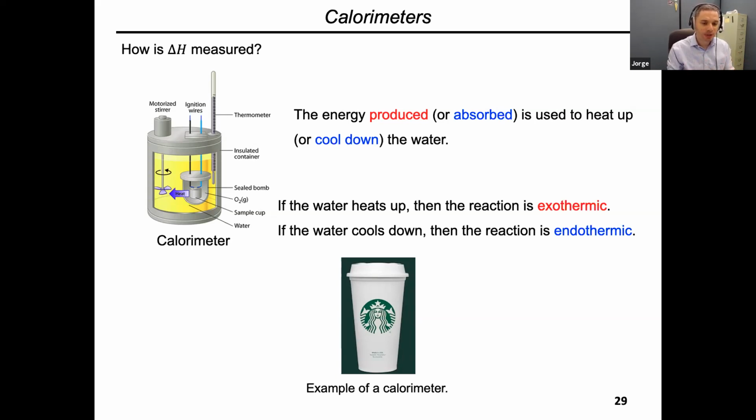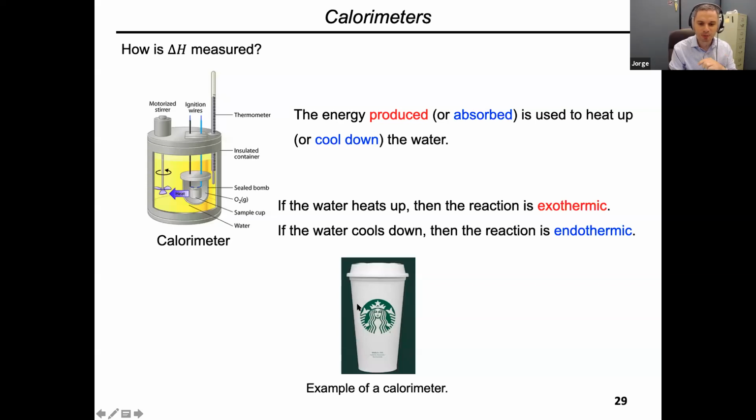A calorimeter is basically anything that has a good insulation from the outside world. So even a Starbucks cup can be used as a calorimeter. This is actually a very good calorimeter.